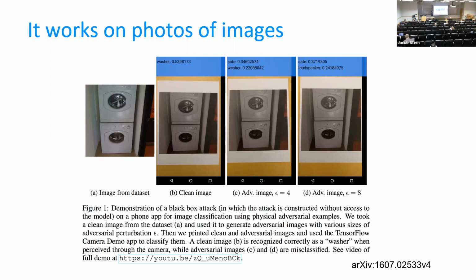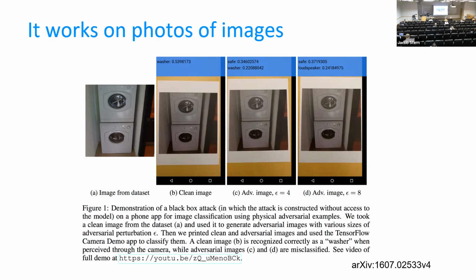Usually these are images encountered in the wild. And so do adversarial perturbations still work in the wild? And the answer is yes. So this is a photograph of an image without and with adversarial perturbations. And again, even a photograph of the image, the neural network classifies incorrectly according to the desired adversarial perturbation.